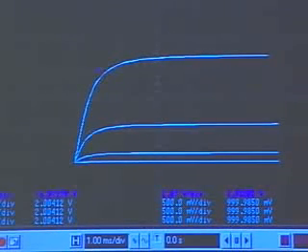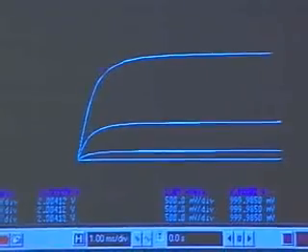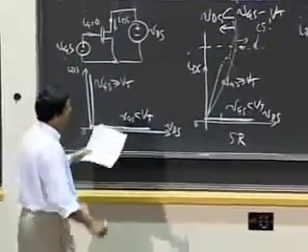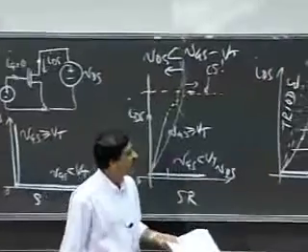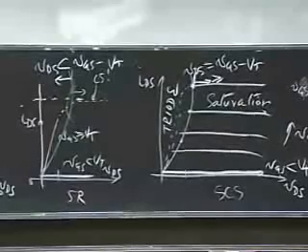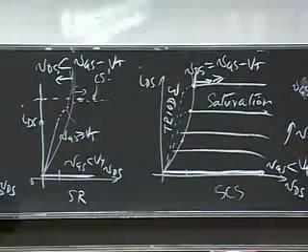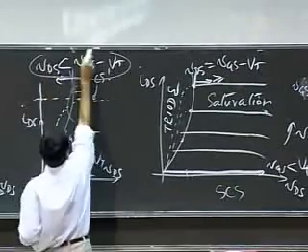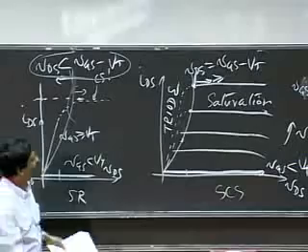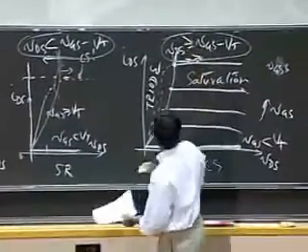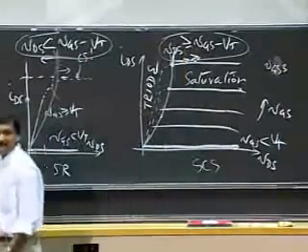So one question you may ask is, when do I use one model or the other? When do I use the SR model, and when do I use the SCS model? If you want to do a real detailed analysis, then you can use the SR model when VDS is less than VGS minus VT, and you would use the other model when VDS is greater than or equal to VGS minus VT.